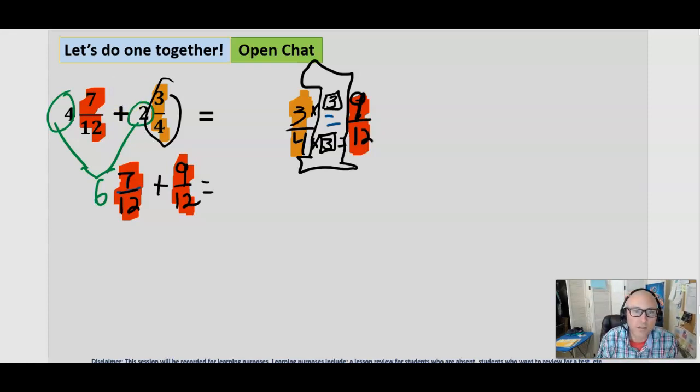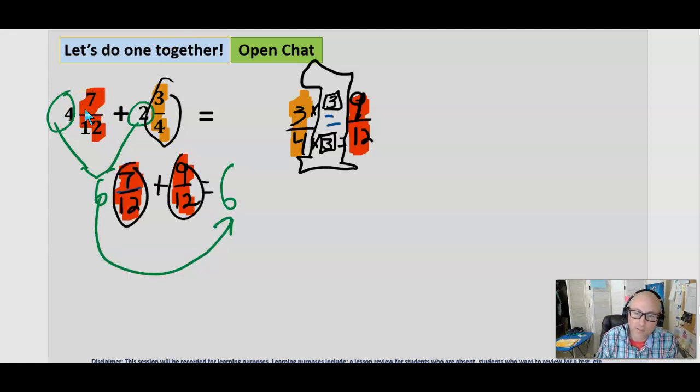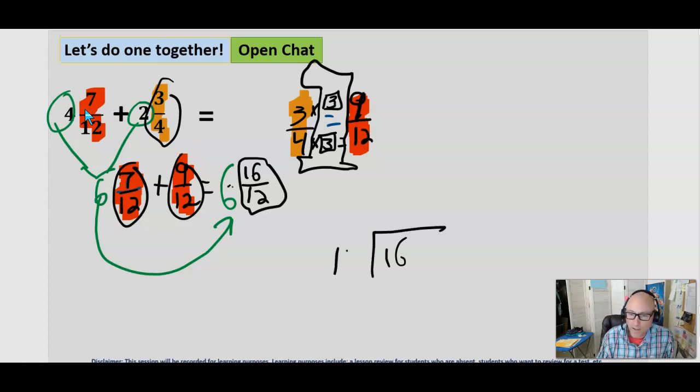So our 6 is still there. Let's keep the 6 there, right? We're not going anywhere, 6. And now let's put our 7/12ths and our 9/12ths together. 16/12ths, which is improper. So we're going to have to take a 1 out of this and put it with the 6. All right? So 16/12ths is actually 16 divided by 12. 12 goes into 16 one time.